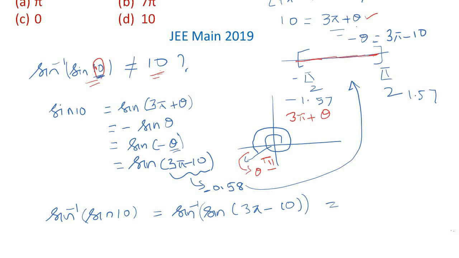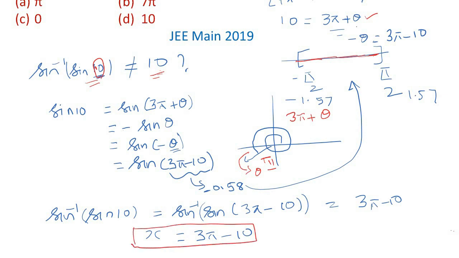Therefore, sine inverse of sine 10 is simply 3 pi minus 10. That is to say, x is equal to 3 pi minus 10. So x is equal to this. Then we'll see what y turns out to be.